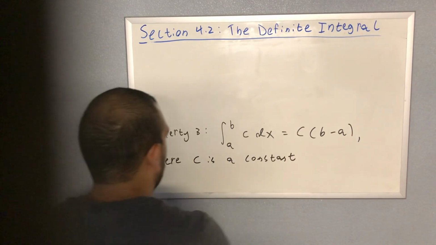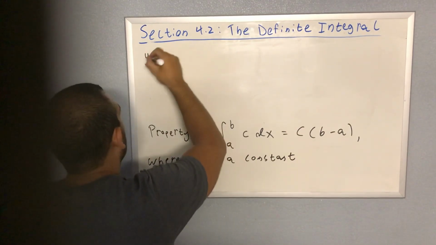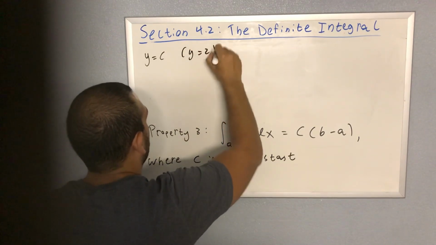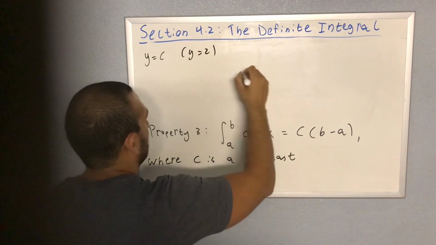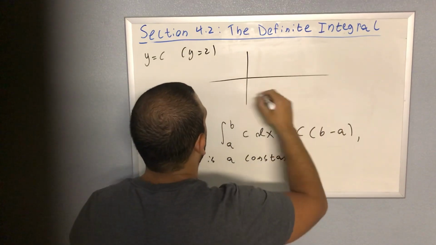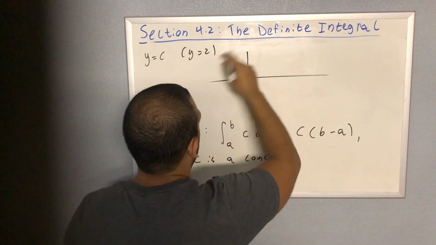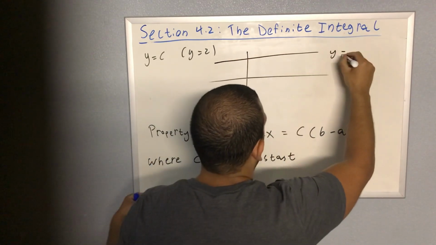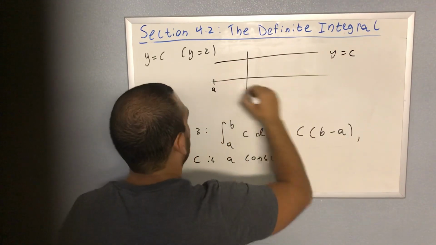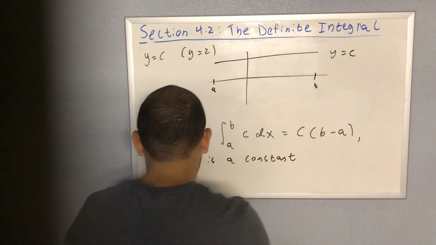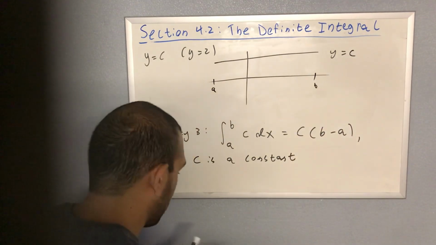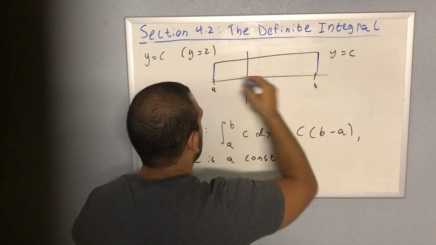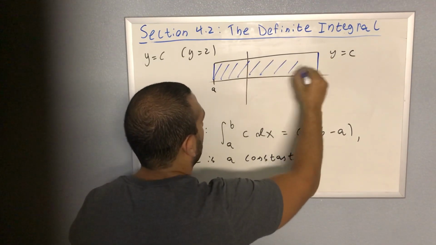If you think about it, if you have the function y equals a constant, or y equals C, for example y equals 2, all that is a horizontal line, C units up if it's positive or down if it's negative. So this is y equals C, and let's say that this is A and this is B. The area underneath the curve is the area of this rectangle.